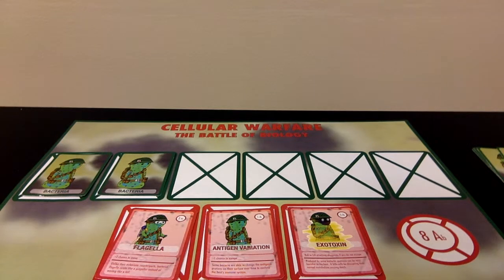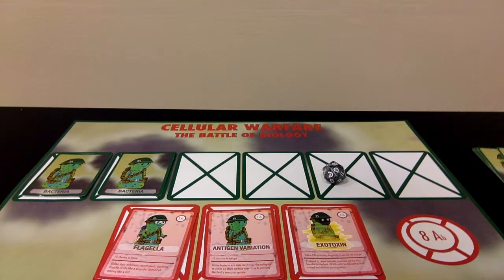So I skip the infection stage and move on to see if the body detected this cell, which requires the 20-sided die. Okay, so I got an 18, which is well above my antibody score.